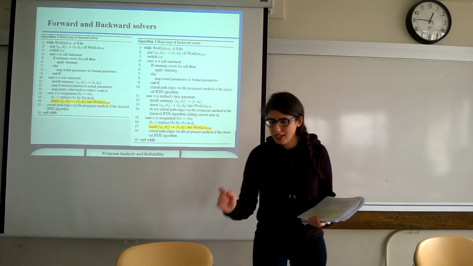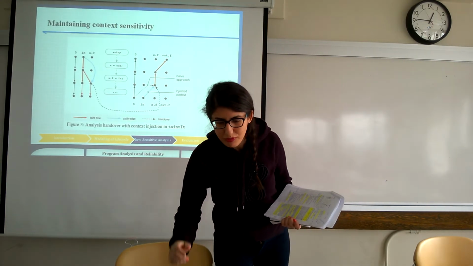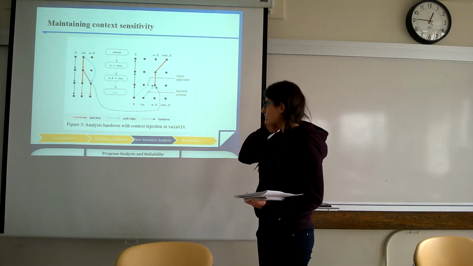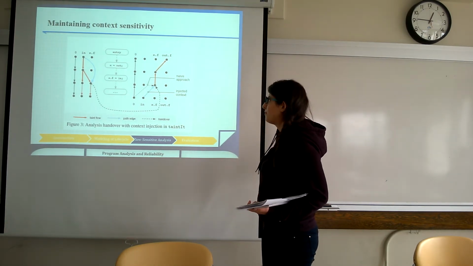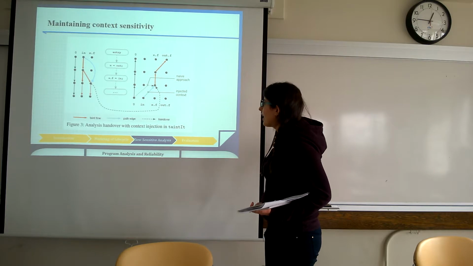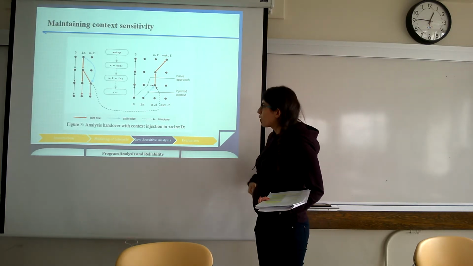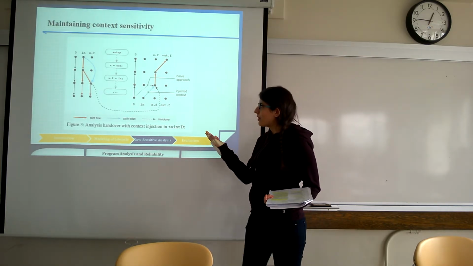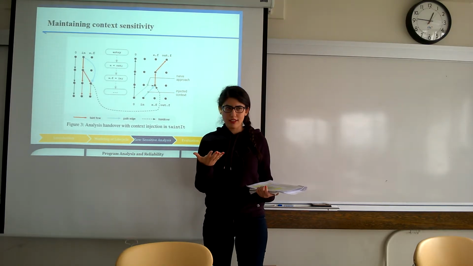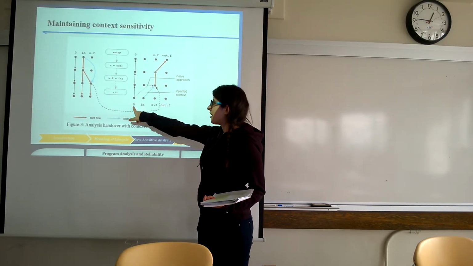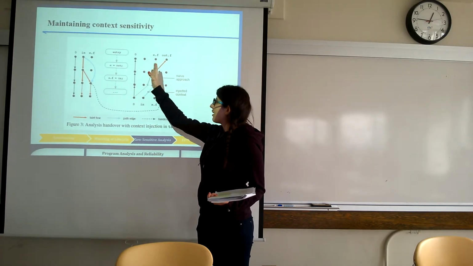Here they have a diagram. In the naive approach, when they want to go backward, they do not insert the context of the current thing. They start with a true fact and go backward.